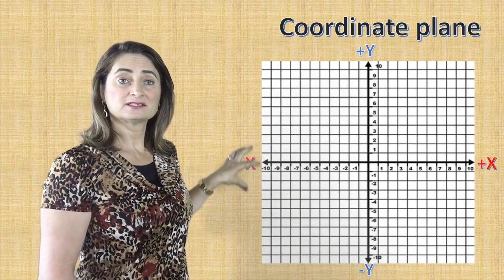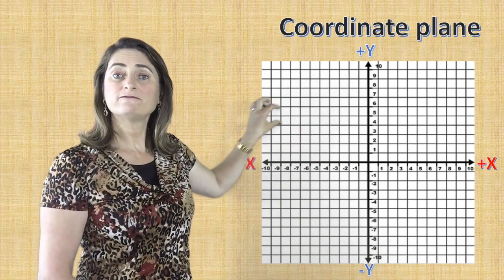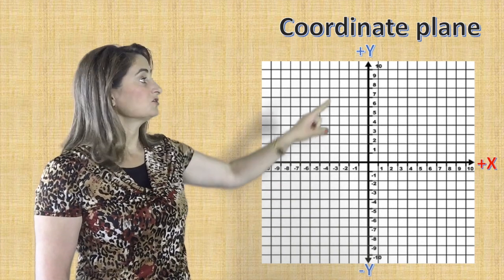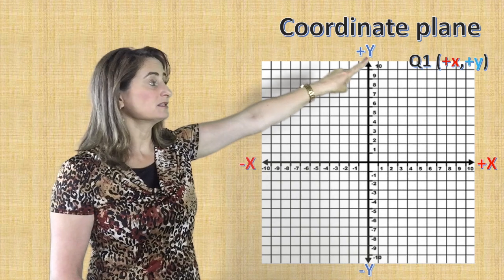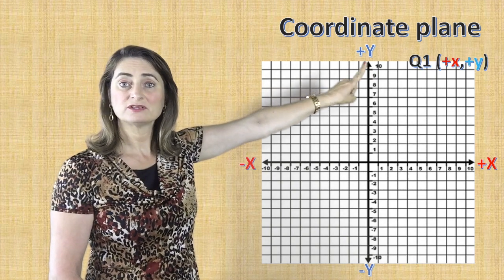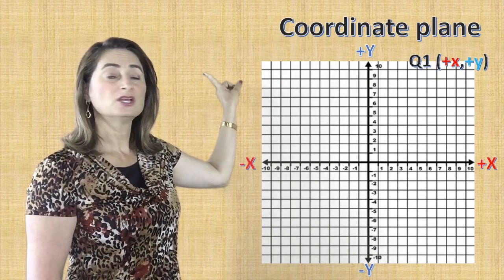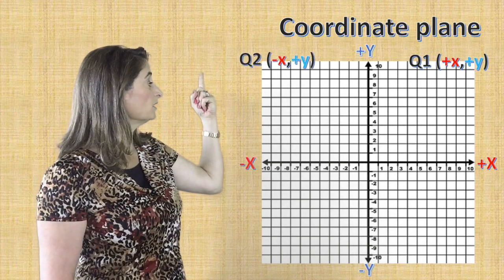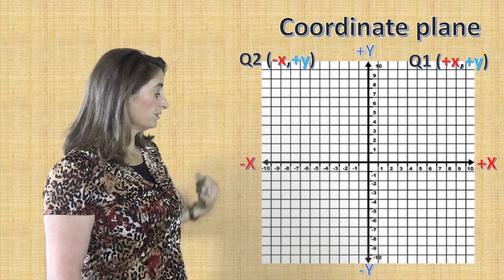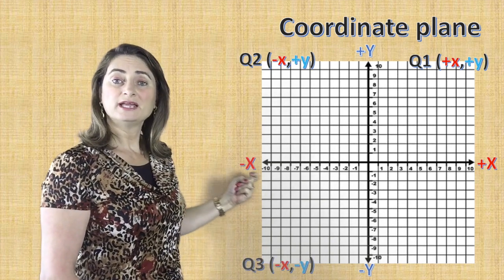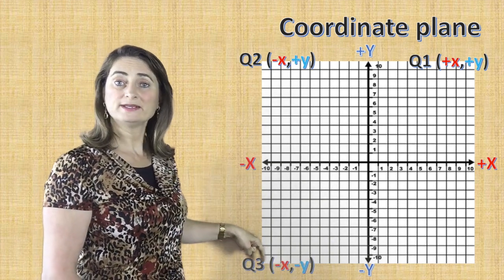Because of those axes, we create four quadrants. It starts with the first quadrant, where x is positive and y is positive. If you go counterclockwise, you end up in the second quadrant, where x is negative and y is positive. In the third quadrant, x is negative and y is negative.